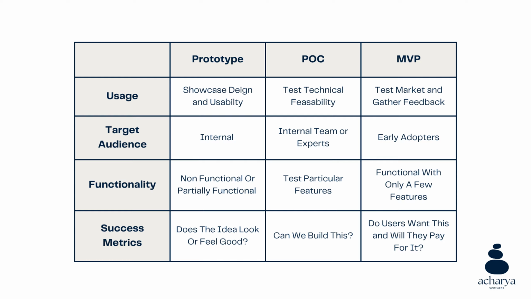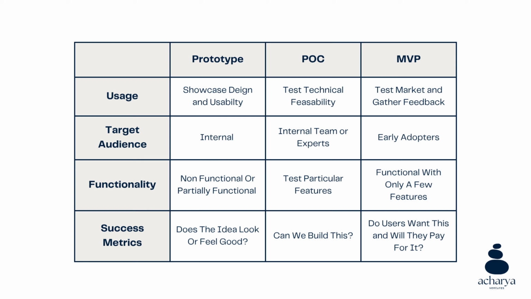In terms of success metrics, a prototype is usually used to judge whether an idea looks good, feels good. Once you have something, it's always better to make changes to that. A POC, since it's used to check technical feasibility, the success metric is, can we actually build the final product? In order to build the final product, what are the initial technical challenges that we might face?